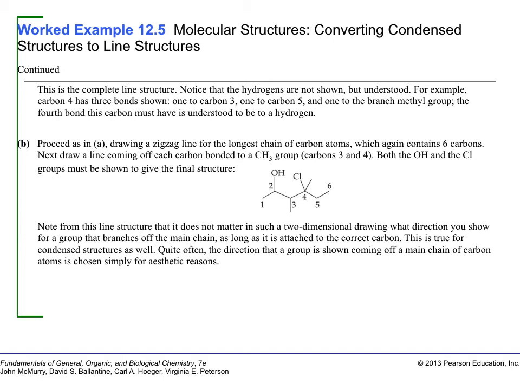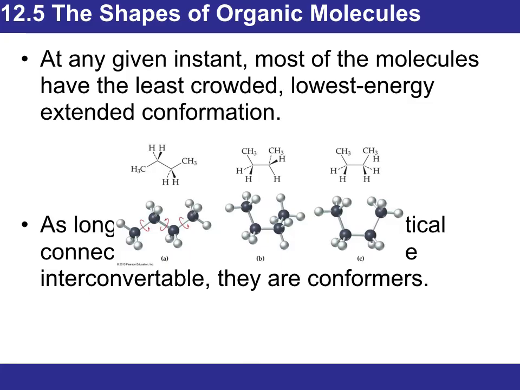Okay? So at any given instant, remember that most molecules will try to find a conformation where they are in the least crowded, lowest energy, extended conformation, so they stay away from each other.